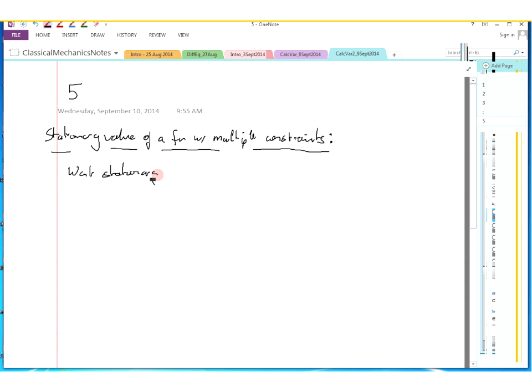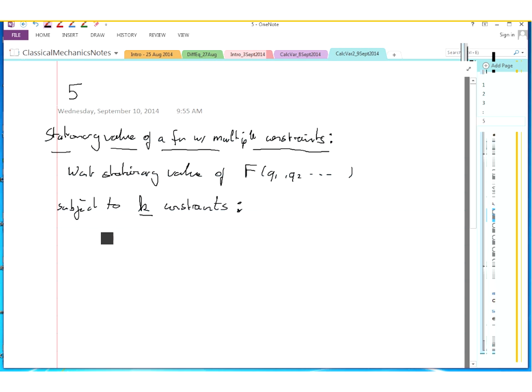Again, we want the stationary value of f, which depends on our q's, subject to k constraints.